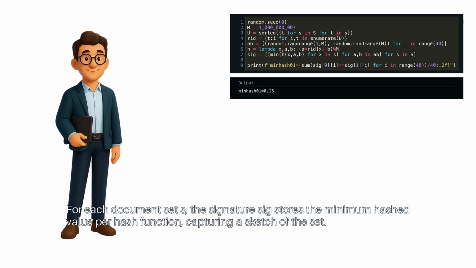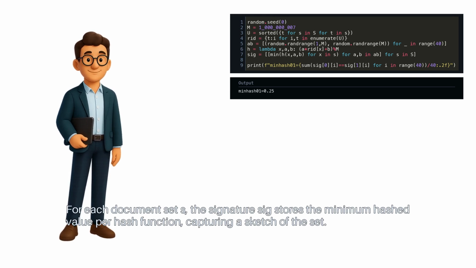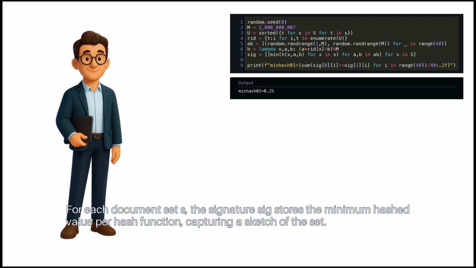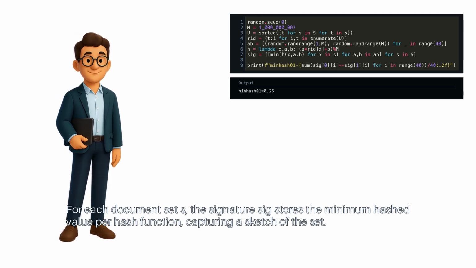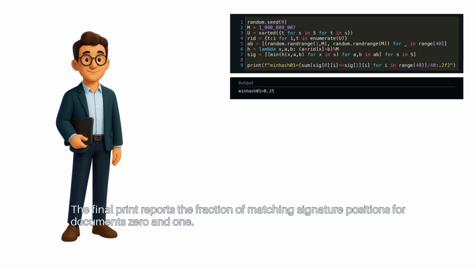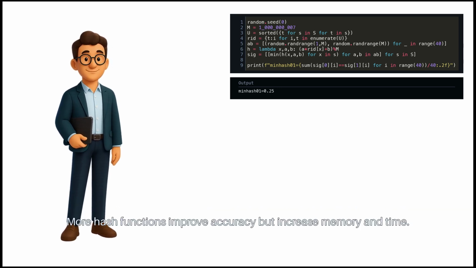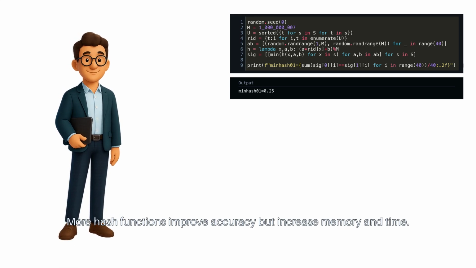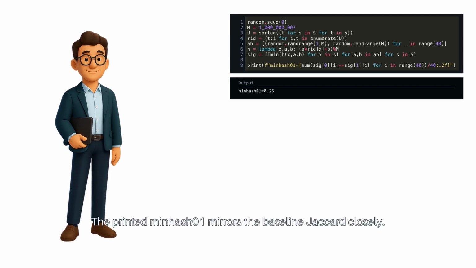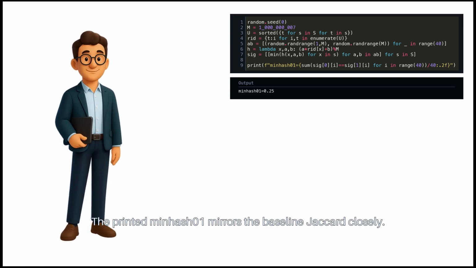For each document set S, the signature sig stores the minimum hashed value per hash function, capturing a sketch of the set. The final print reports the fraction of matching signature positions for documents 0 and 1. More hash functions improve accuracy, but increase memory and time. The printed MinHash 01 mirrors the baseline Jaccard closely.